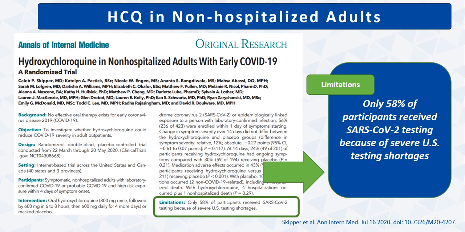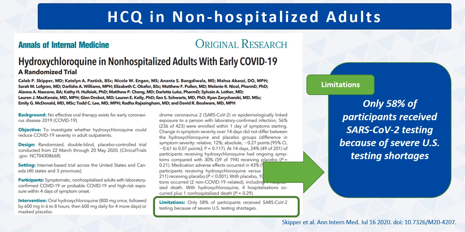With regard to hydroxychloroquine in non-hospitalized adults with early COVID-19, this is a study that was really innovatively designed by Skipper and colleagues using internet enrollment and online surveys. They didn't find any difference between hydroxychloroquine versus no hydroxychloroquine or placebo, but there are a couple of really significant limitations.